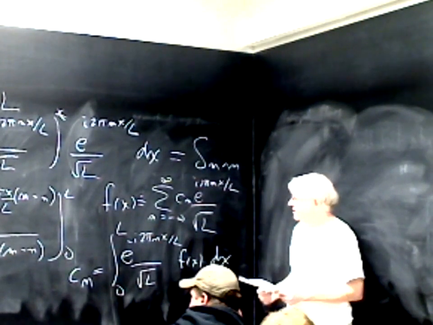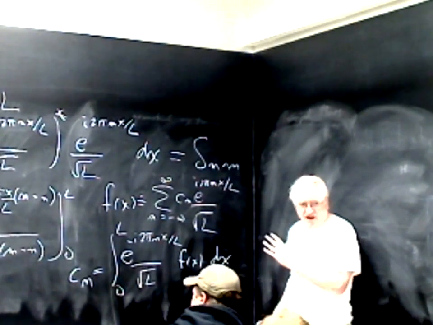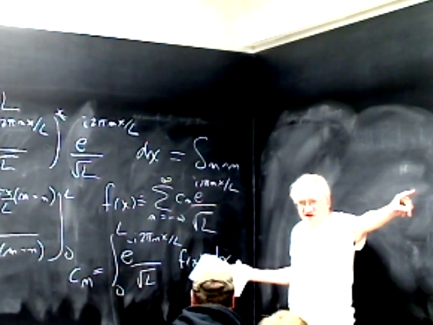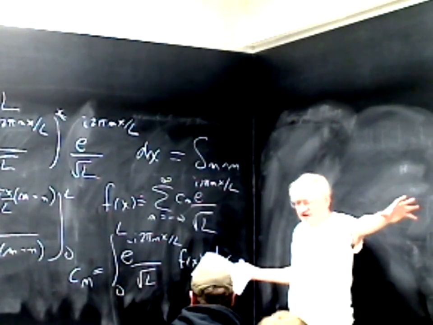So those are the formulas that are the analogs for length L of the formulas of the complex exponential on the interval of length 2 pi.